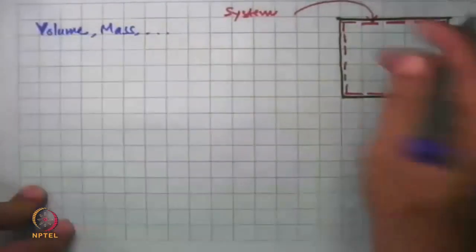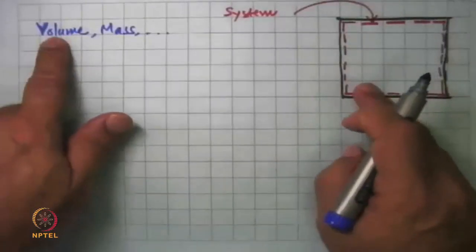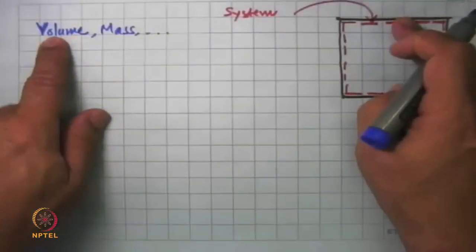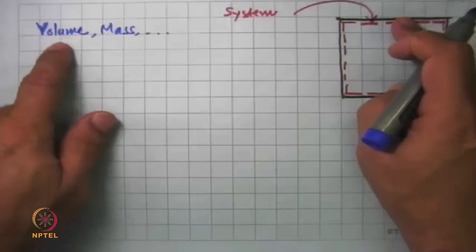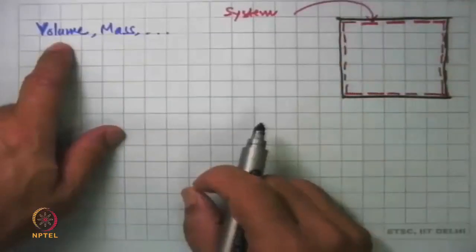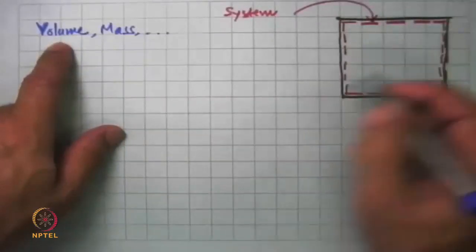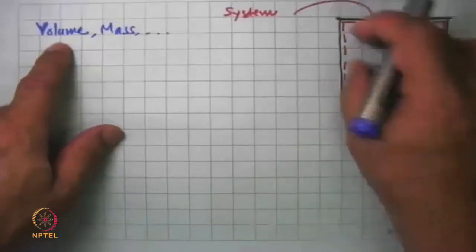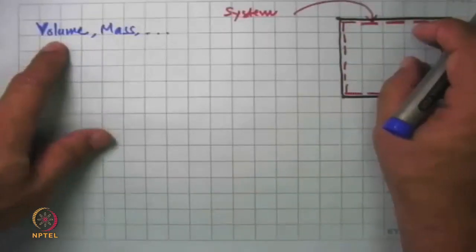So it means that if this is the system, I get a certain volume. If I take a portion of this, I get some other volume. So it depends on the size of the system that we are looking at. And if these subsystems that we make are completely independent of one another, then adding that property for those systems will give you the property for the system.